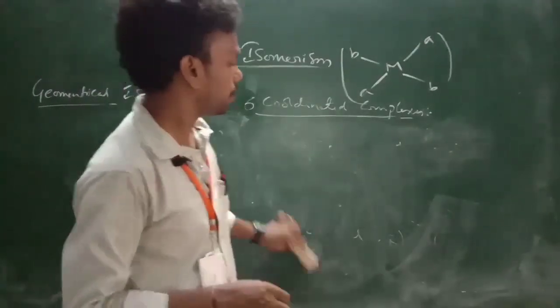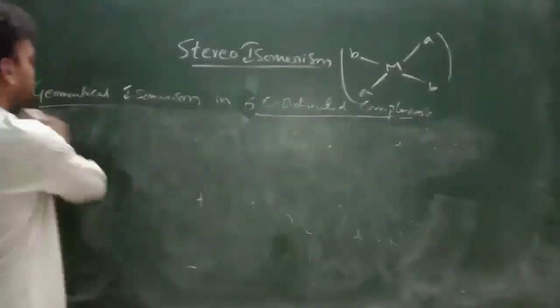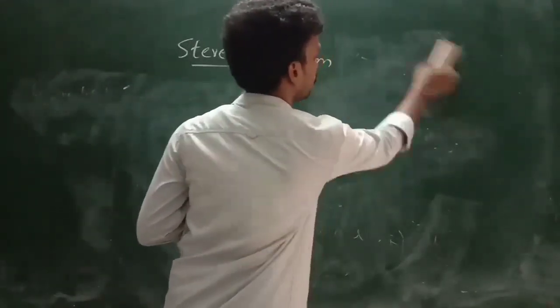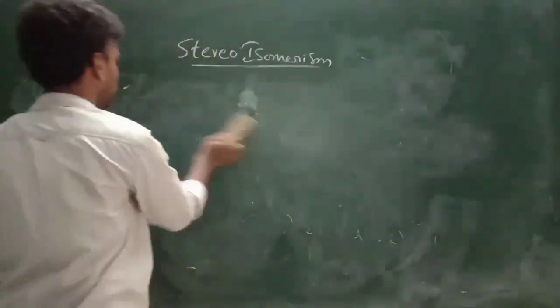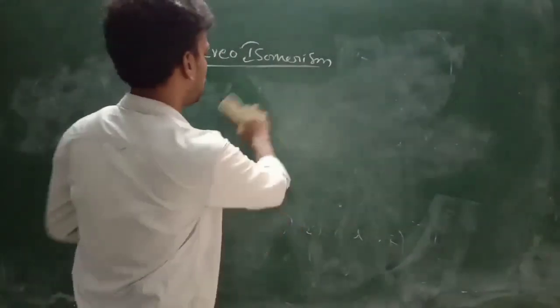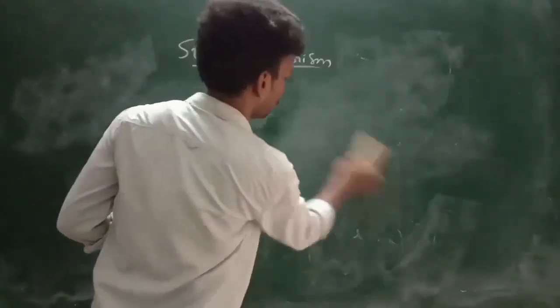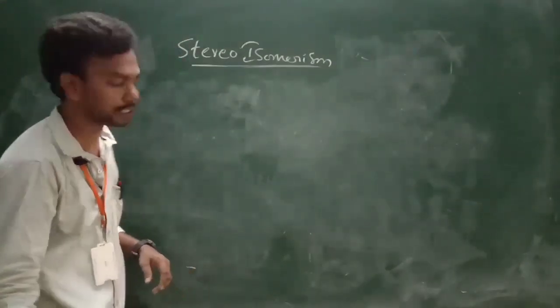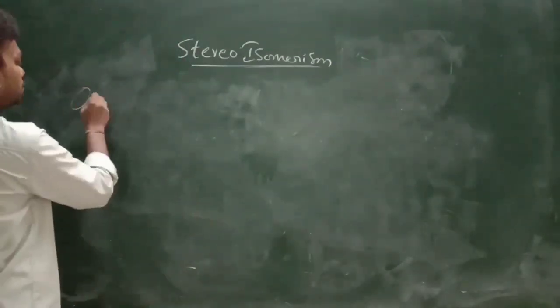And the next type, the second type of stereoisomerism, is optical isomerism.